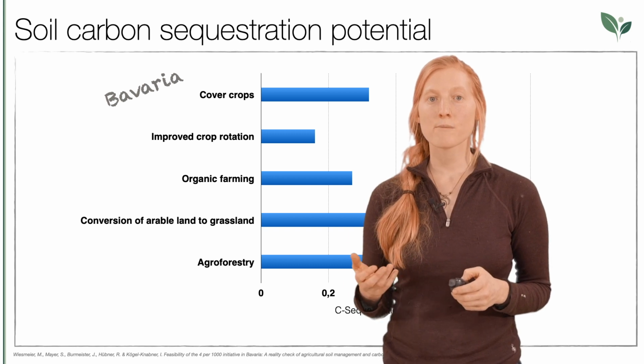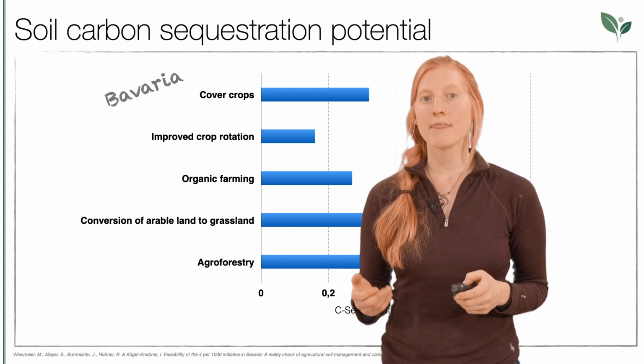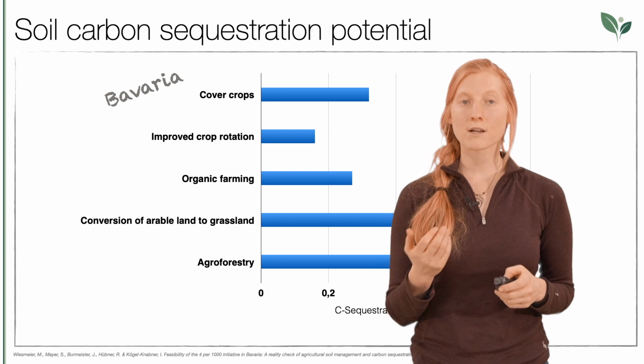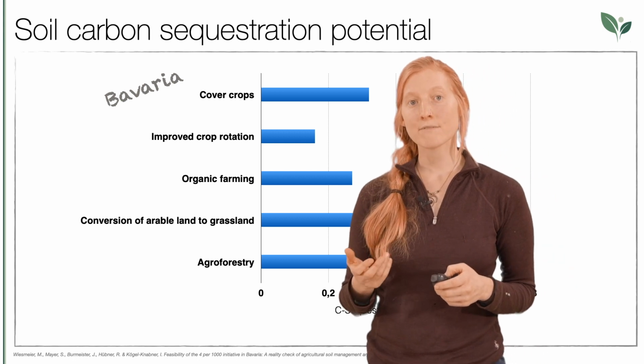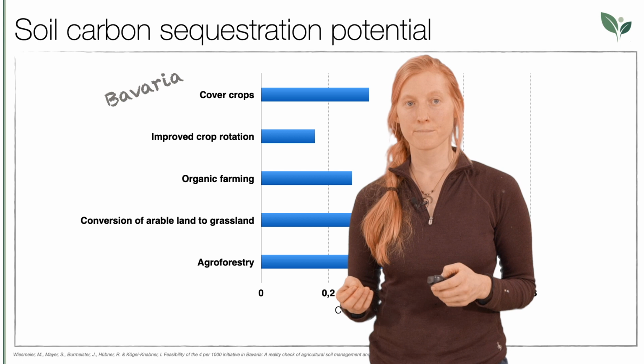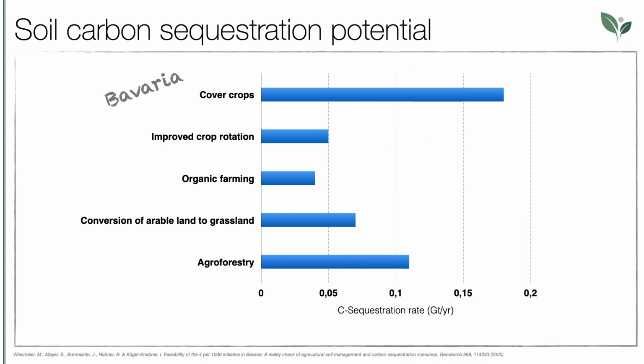The conversion of arable land to grassland and the integration of agroforestry can sequester around 0.7 tons per hectare per year. If these measures were taken on all arable land in Bavaria, 370,000 tons of carbon could be stored annually.